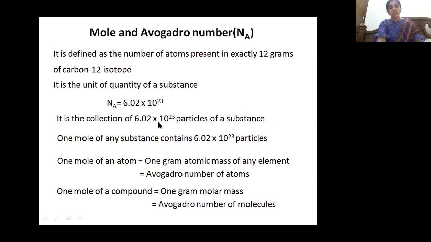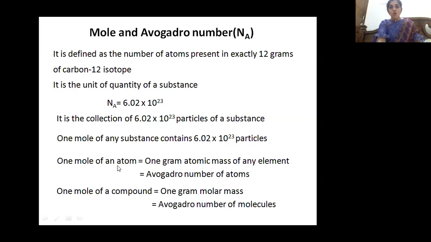It is the collection of 6.02 into 10 to the power 23 particles of a substance. So, 1 mole of any substance contains 6.02 into 10 to the power 23 particles.